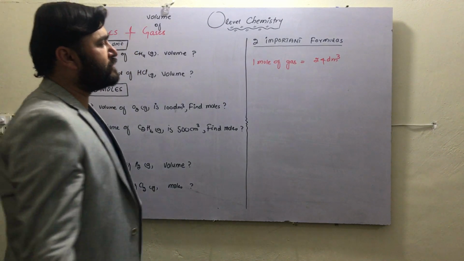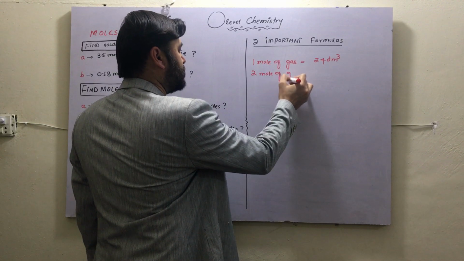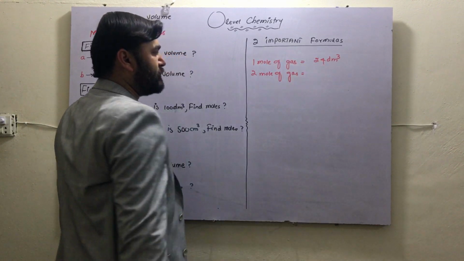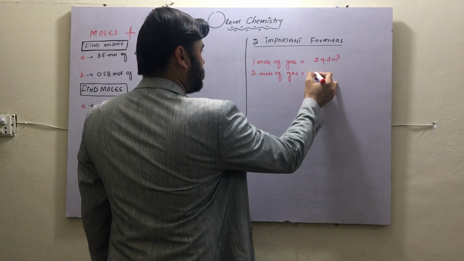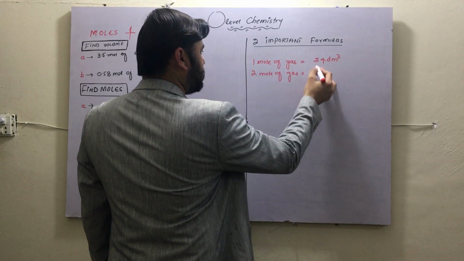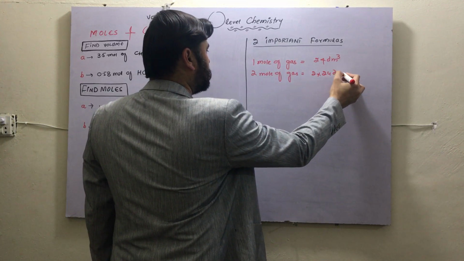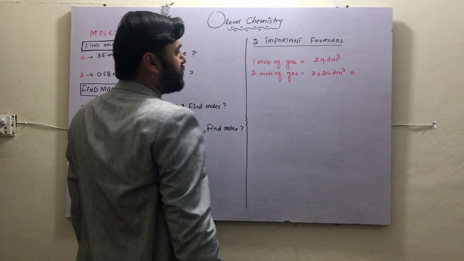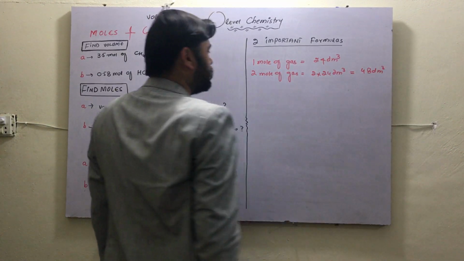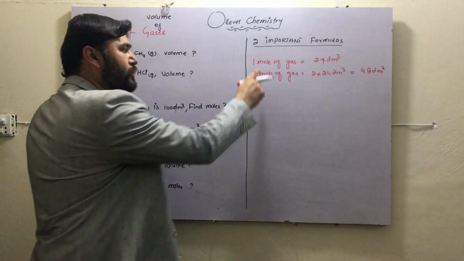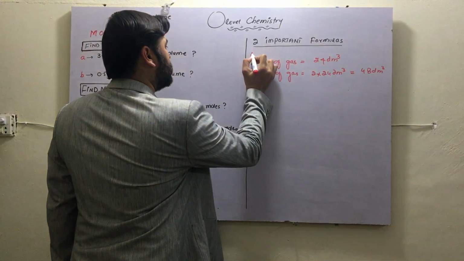Suppose 2 moles of gas is given, so 24 multiplied by 2, that will be 48 dm cube. So you need to remember only one thing: 1 mole of gas is always equal to 24 dm cube. This is formula number 1.